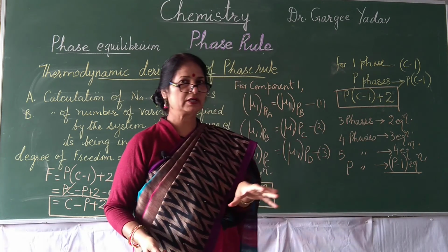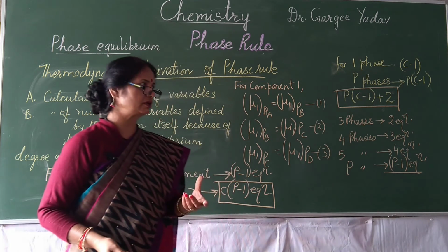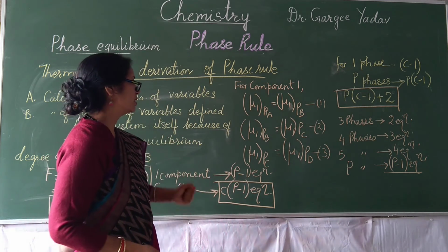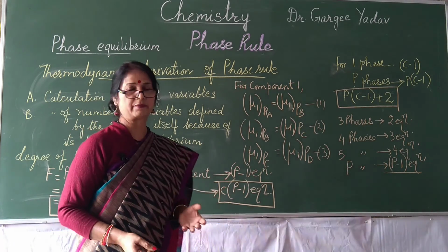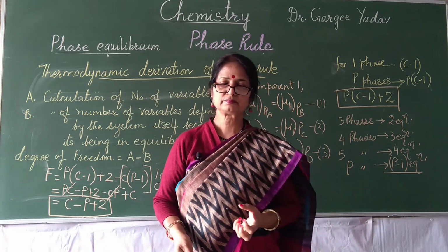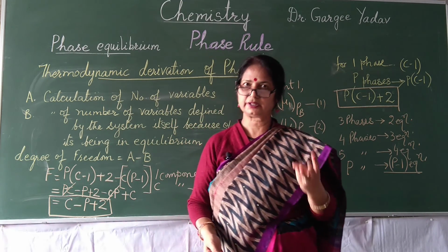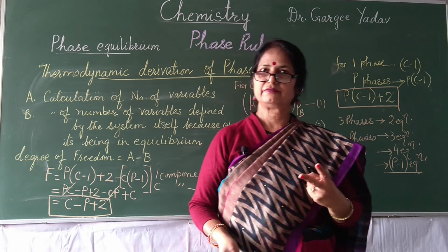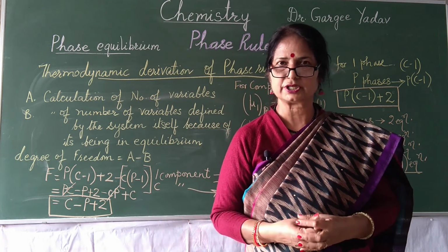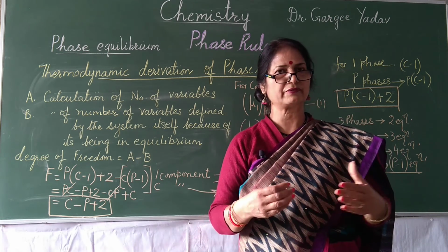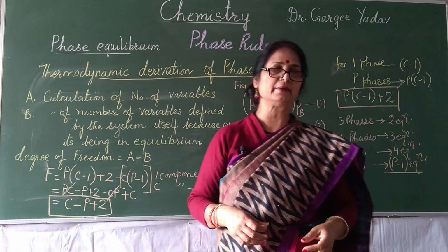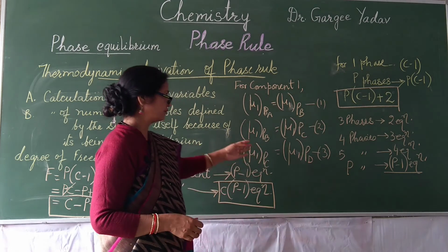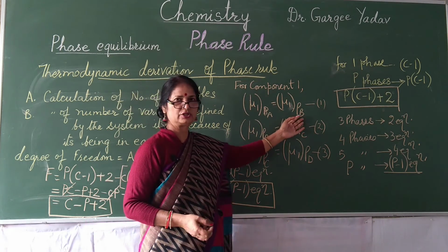Now, let's come to the variables which are defined by the system itself due to its being in equilibrium. For that, we need the help of chemical potential. Now suppose there are three phases. I have taken three phases here because for two phases we take free energy into consideration, not the chemical potential. So when there are three phases in equilibrium, for one component we need two equations to define the system.